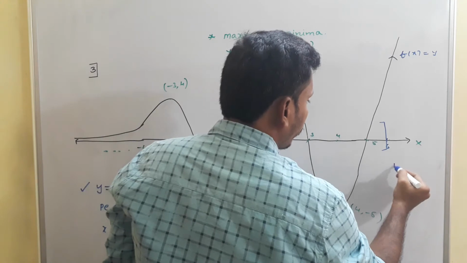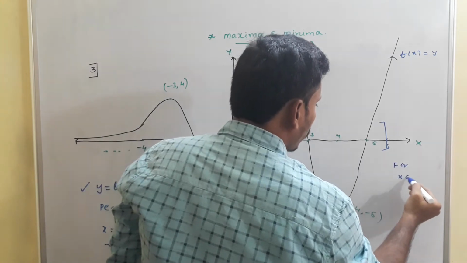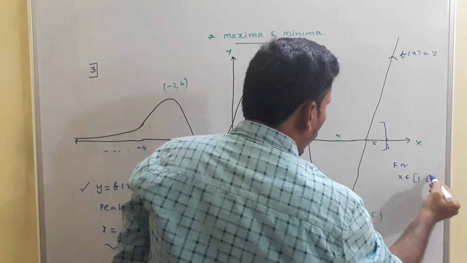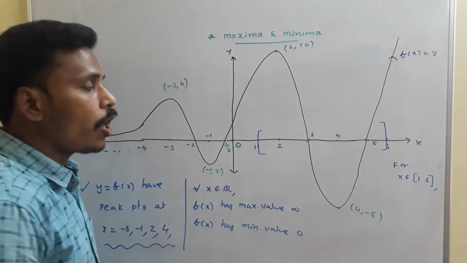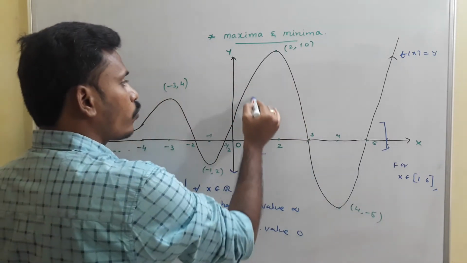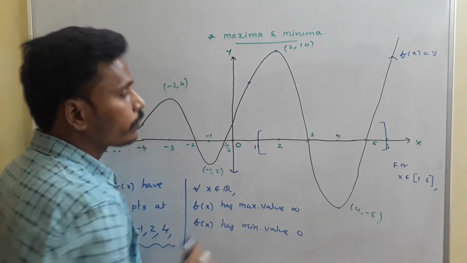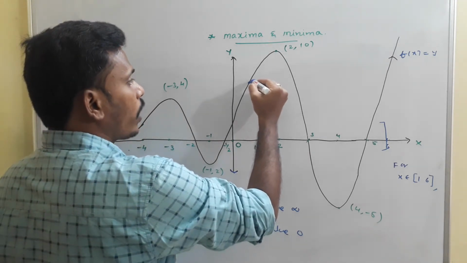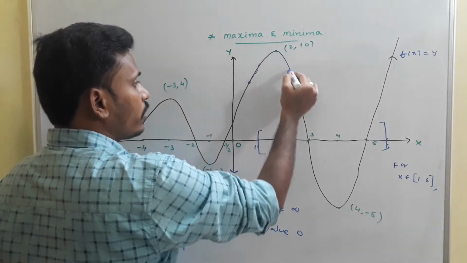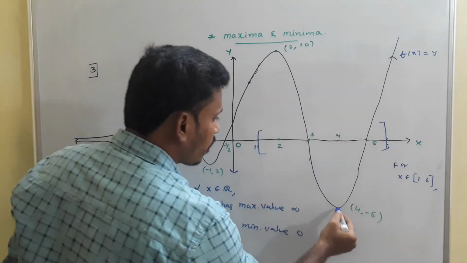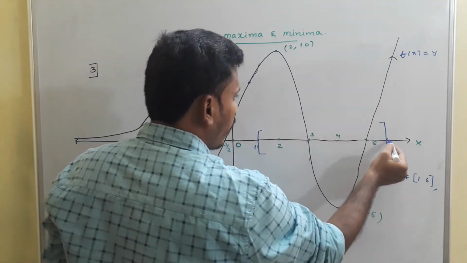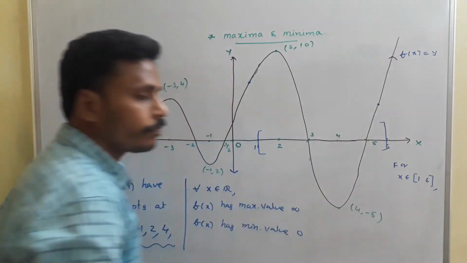Okay, for x belongs to the interval 1 to 6, at x is equal to 1, maybe the graph starts here, and see, you just trace the graph. This is the graph and it is decreasing, then it is increasing, and maybe at 6 this is the point.